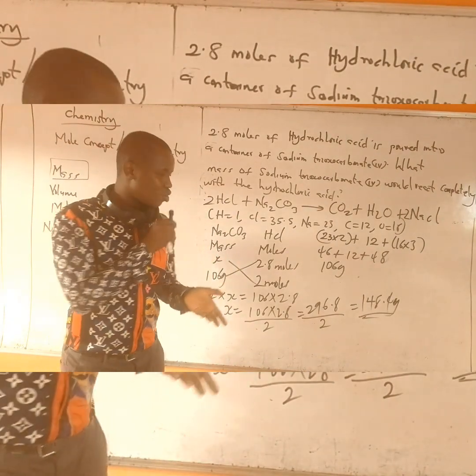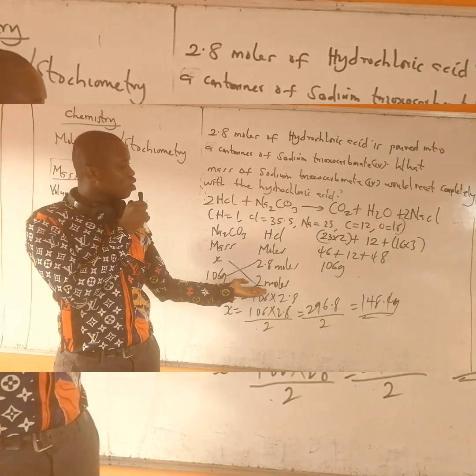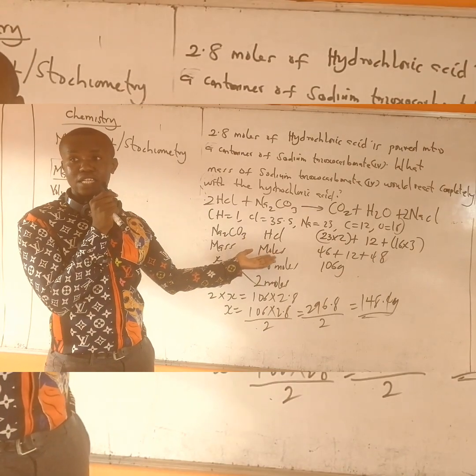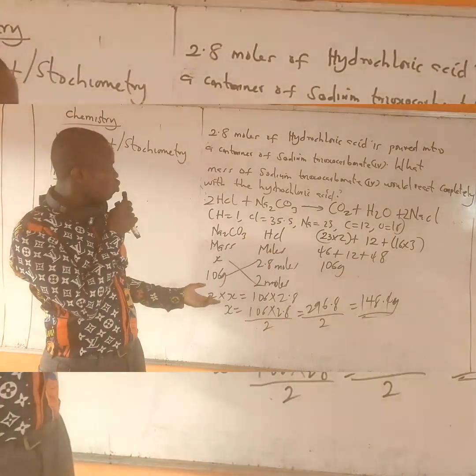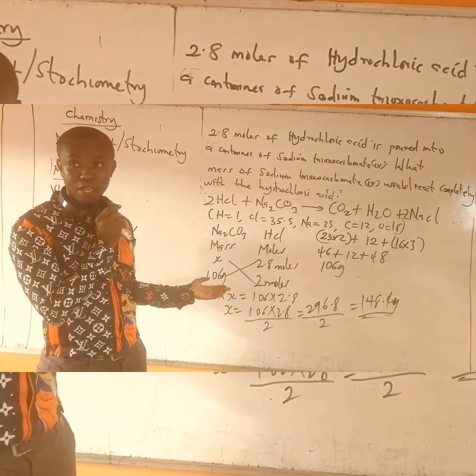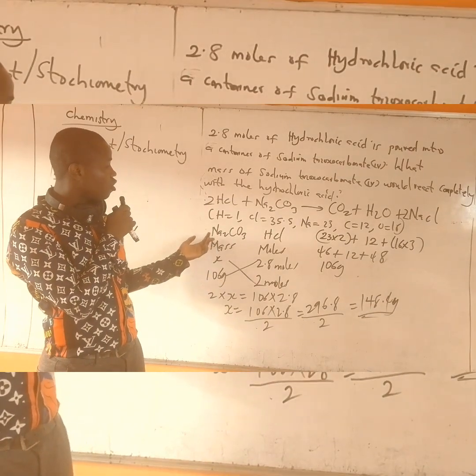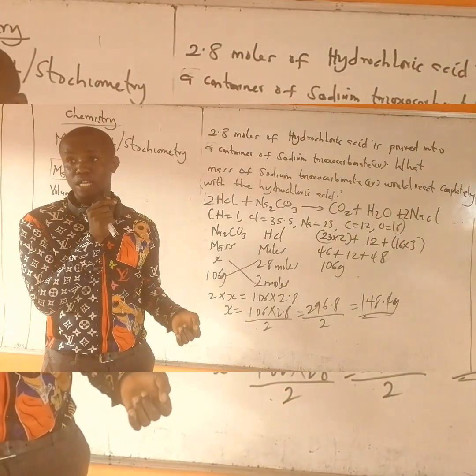Are you getting it? You just say 2 moles of HCl is required to react completely with 106 grams of Na2CO3. Do you understand?